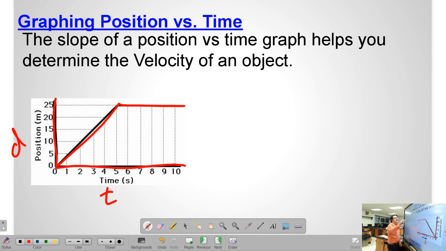Whenever you talk about a graph, it's always y versus x, meaning whatever is your y variable versus your x. So if we're looking at this graph, this is displacement versus time, where displacement is your y and time is your x.